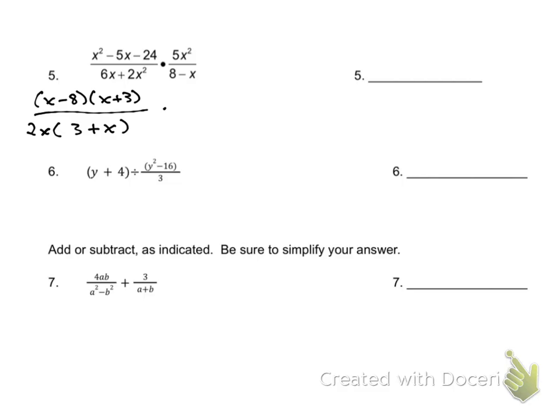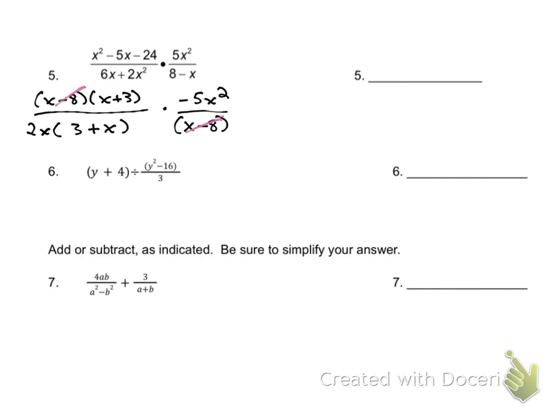All right, I'm going to multiply that whole thing by negative 1, so that gives us times negative 5x squared over, that will change that to x minus 8. So I can get some canceling there. I can cancel the x minus 8s.